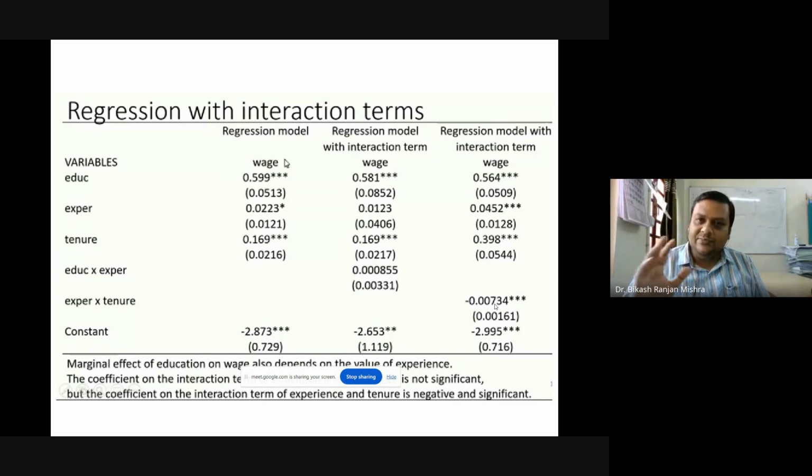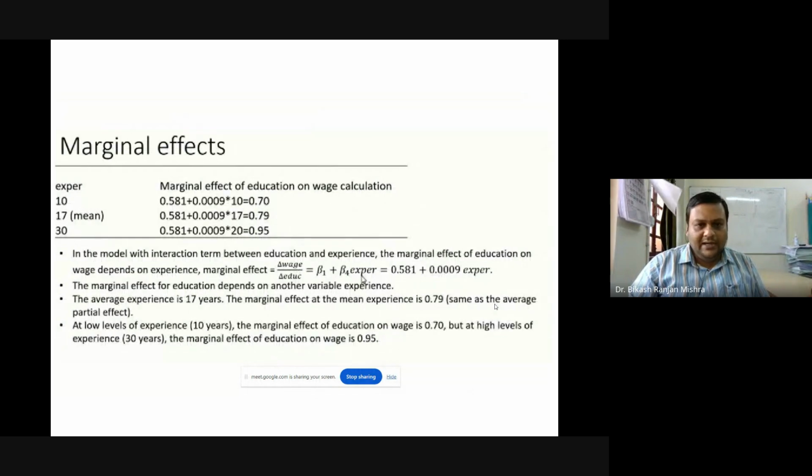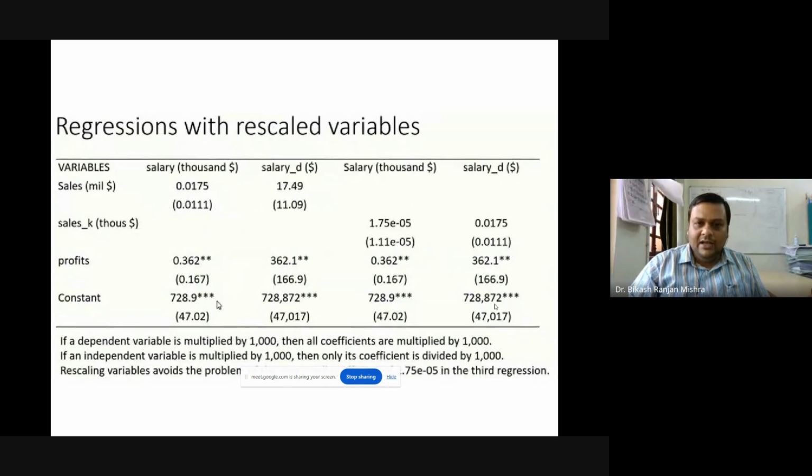That means experience is pushing against tenure, and tenure is pushing against experience when they're clubbed together. So whenever there is an interaction term, its interpretation is not that easy. I'm not saying very difficult, but it is not as straightforward as when there is no interaction term. And in a similar manner, the marginal effect can be analyzed.